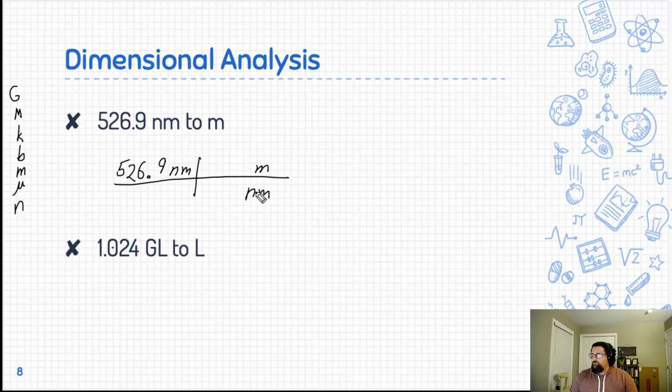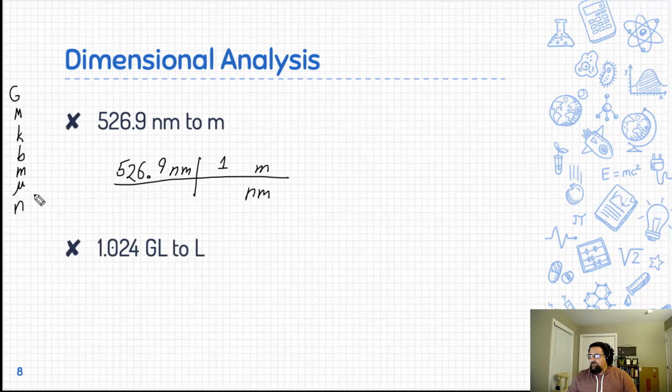So when we're going from nano to meter, we're going to go up 1, 2, 3 times. But remember, each one is a factor of 1,000 or 10 to the third. So one jump, 10 to the third, another jump, 10 to the sixth, another jump, 10 to the ninth. All right. But what you have to ask is which one of these is higher? Well, meter is the base, nano is there, so meter is going to be higher. You put a 1 next to meter. And then you're at nanometers.